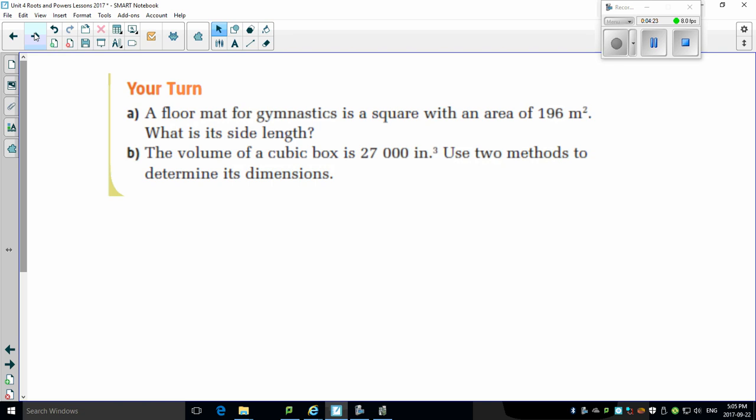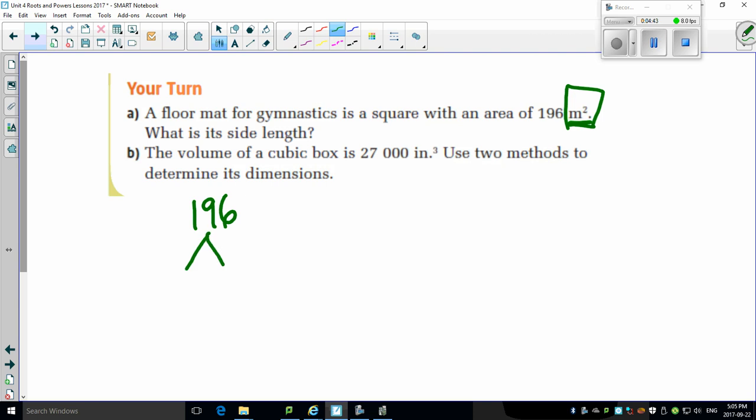Okay, so let's look at how this actually works and helps us. Take a look at this question. It says a floor mat for gymnastics is a square with an area of 196 meters squared. So that tells you that you can actually start taking square roots here. So let's figure it out. Again, don't always go with 2s.